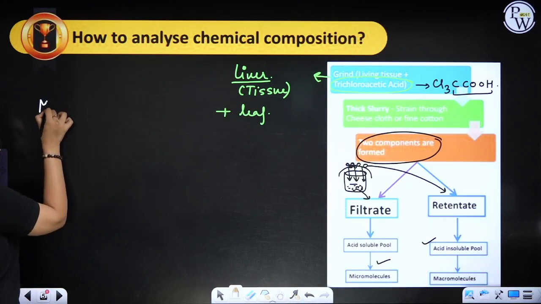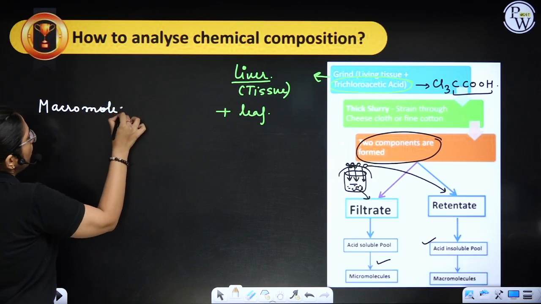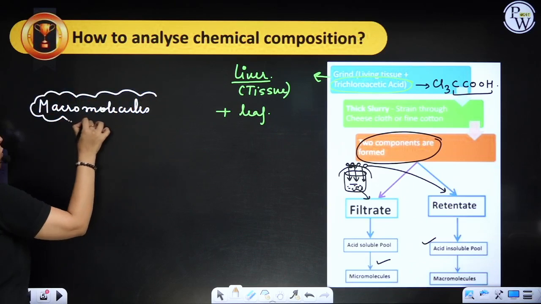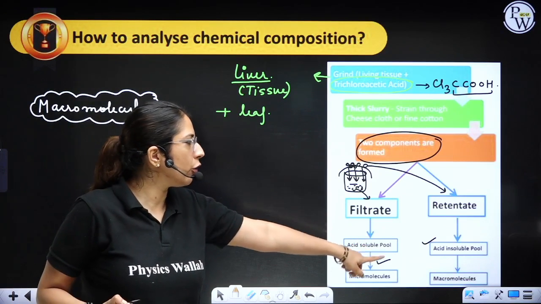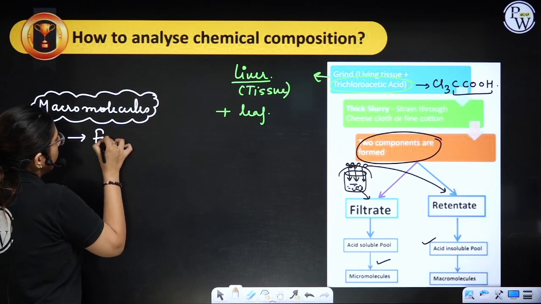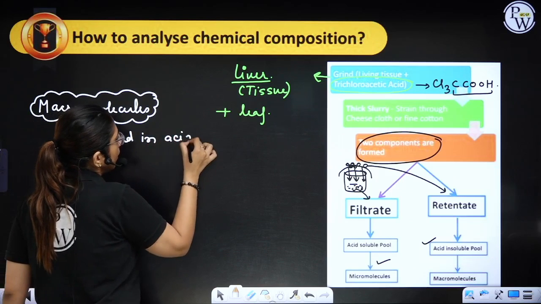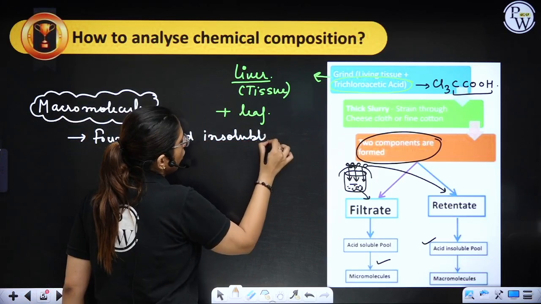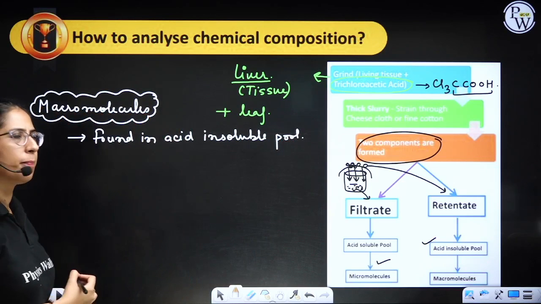To talk about macromolecules: these are those whose size is very big. Where are you going to find them? In the acid insoluble pool. That is the first thing.